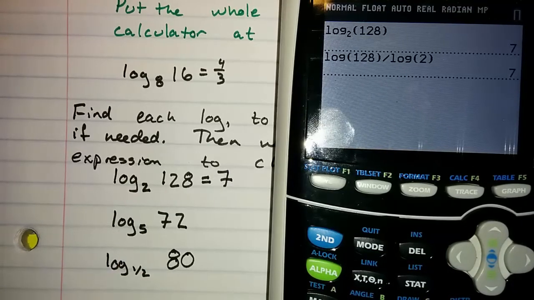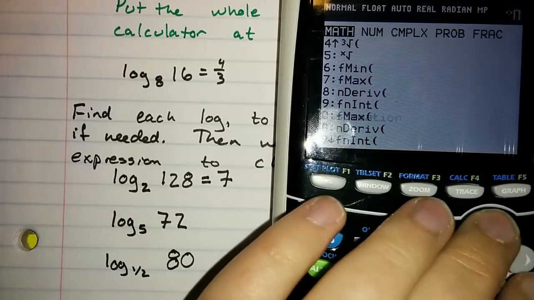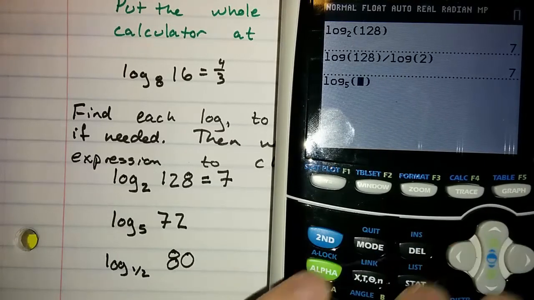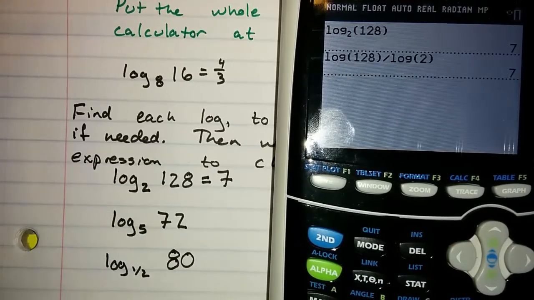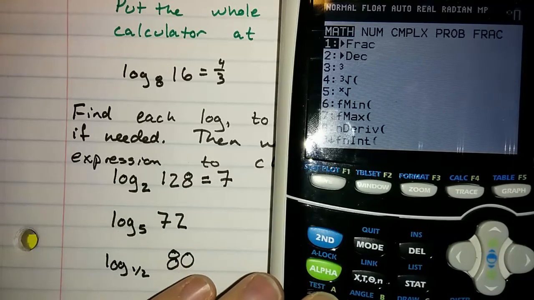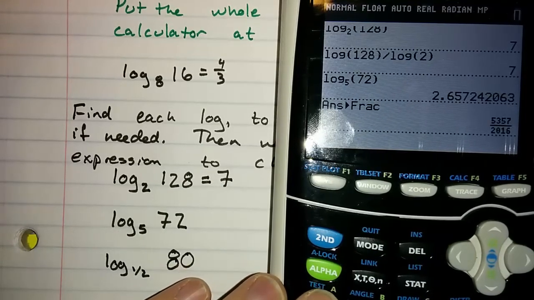Log base 5 of 72. If I have that log base function, I'll say log base 5 of 72, which looks like a dreadful decimal. Yeah, I don't think that that fraction is particularly useful.